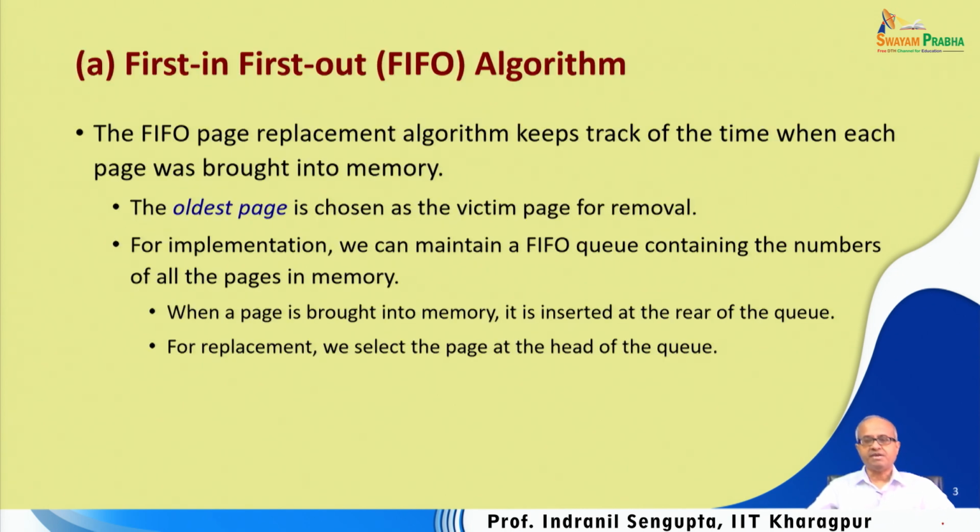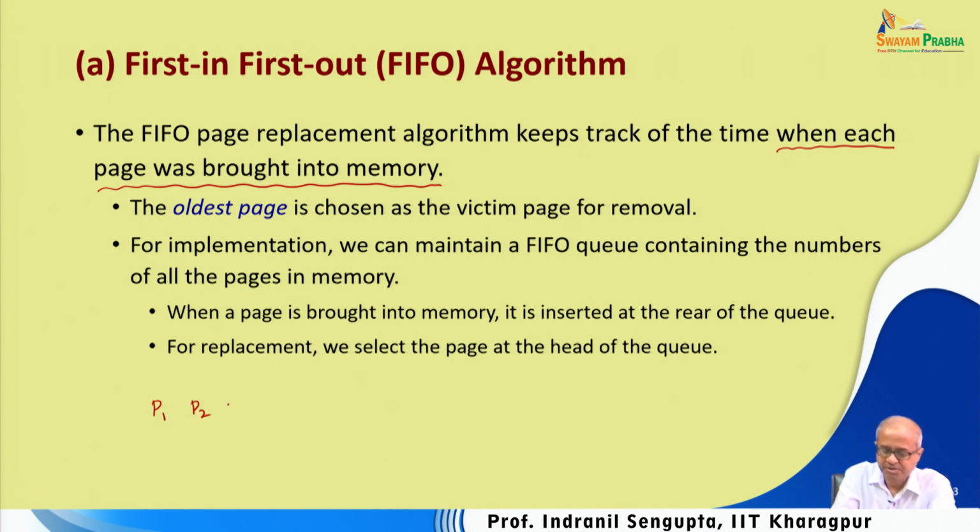So, we start with the simplest possible algorithm. This is called the first in first out algorithm, or FIFO. FIFO says that you keep track of when each page was brought into memory. Suppose there are 4 pages P1, P2, P3, P4 in a process.